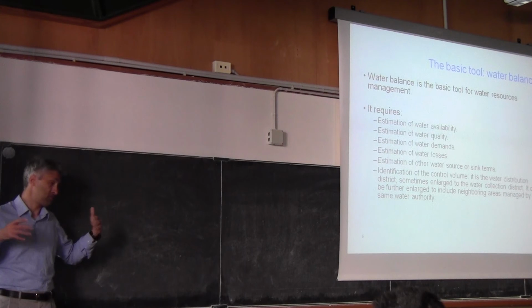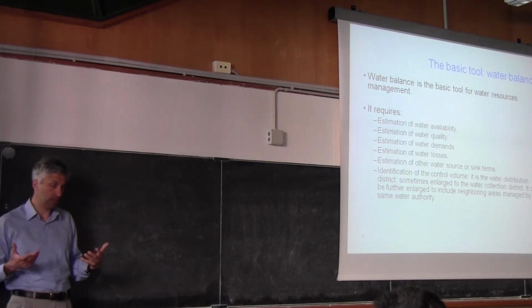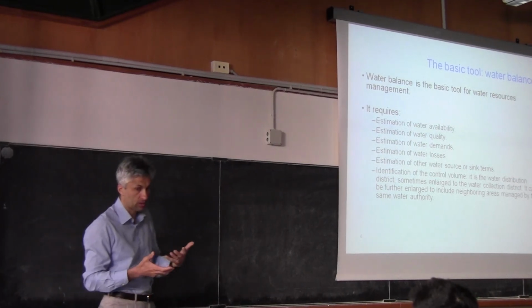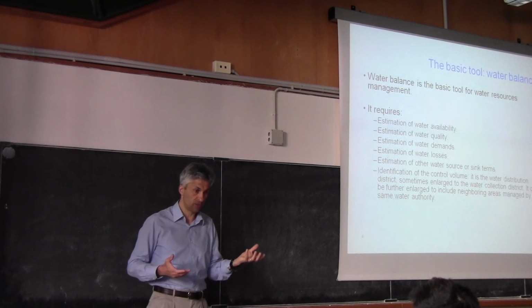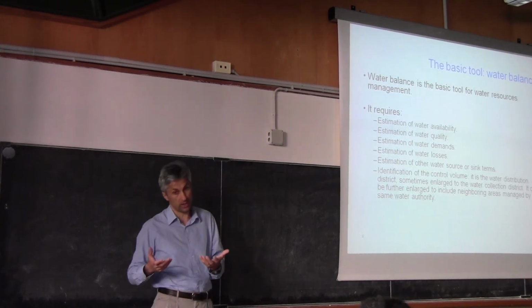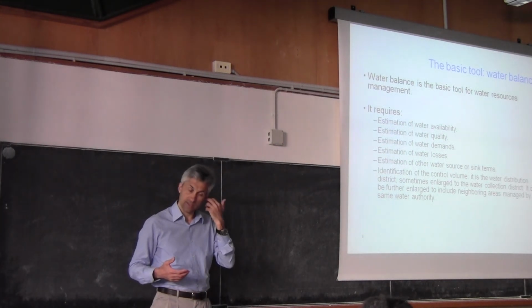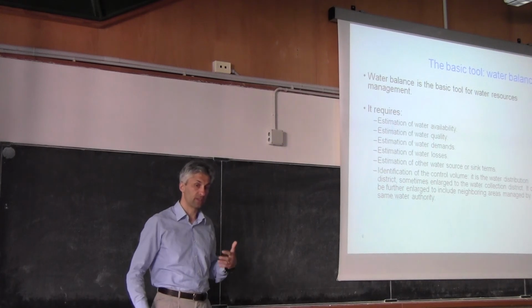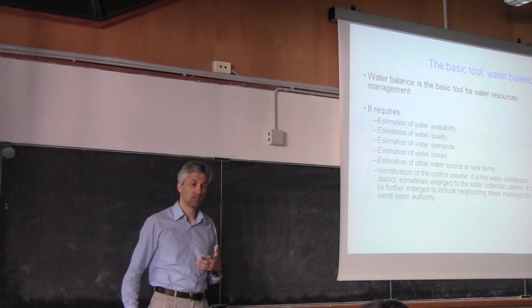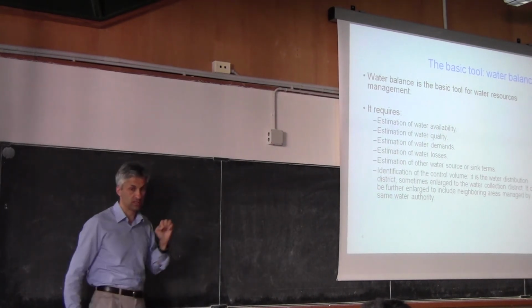But it may be expanded to include connected districts because we are looking today for interconnections among water districts. Because of course, if you get a crisis in a water district, if the water district is connected to another district, then you can solve the crisis through the connection. And also you may include in the water balance the catchment, the catchment from which you get the water to serve the water district.